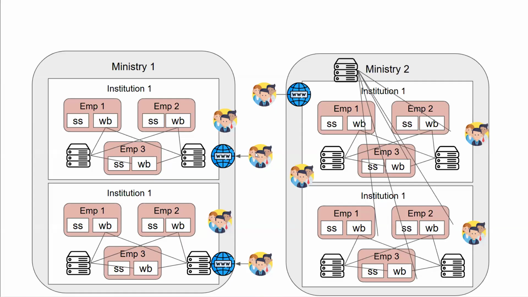They can access from their computers, and there is a significant improvement in this kind of structure. You will see some icons with three people. Consider they represent the general public or citizens. When citizens need to do some task, if there is a web-based application, they can log into the system and use that system, right?